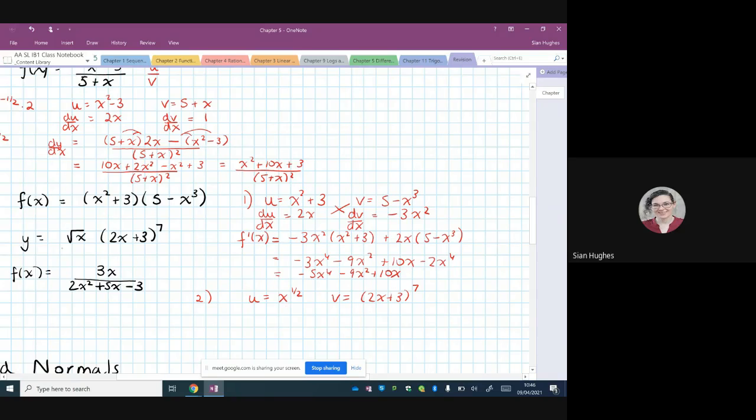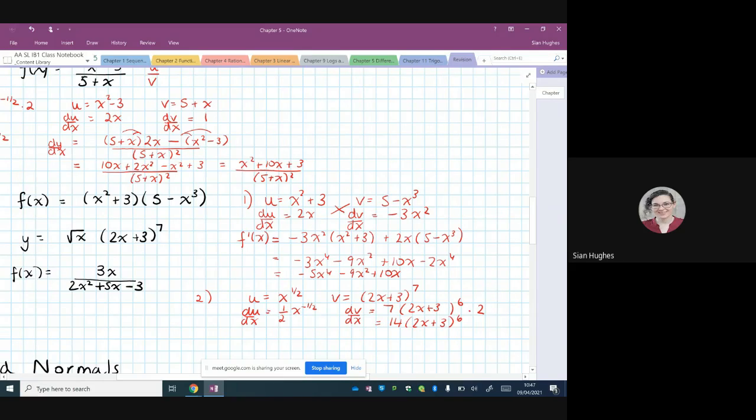Like before, instead of writing square root, I've put power half to make it easier for us to do our differentiation. And on the v term here, you've got, again, one of these chain rules by inspection. So dv by dx, we need to do the outer function first, which is a 7, and then multiply by the derivative of the inner function, which is 2. 2x plus 3 differentiates to make 2.